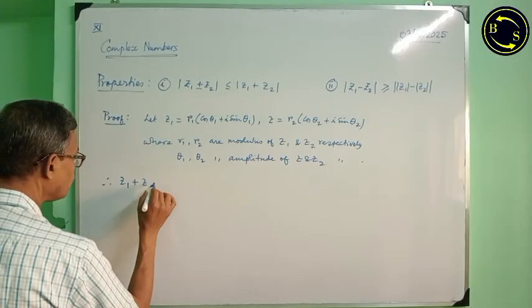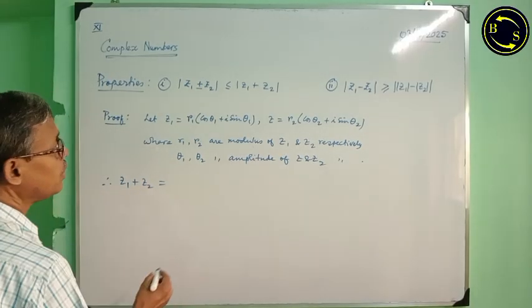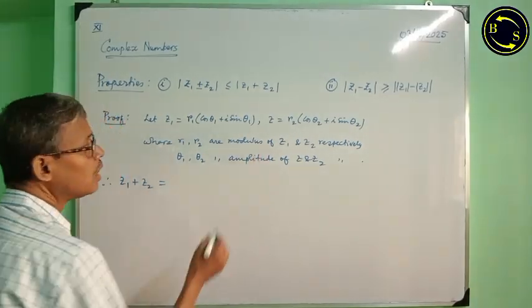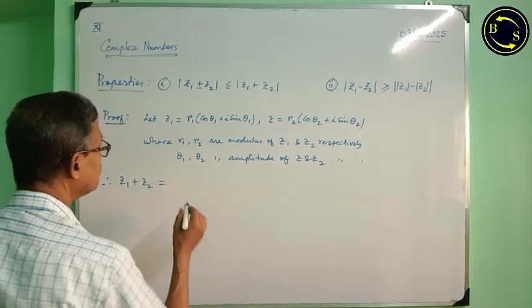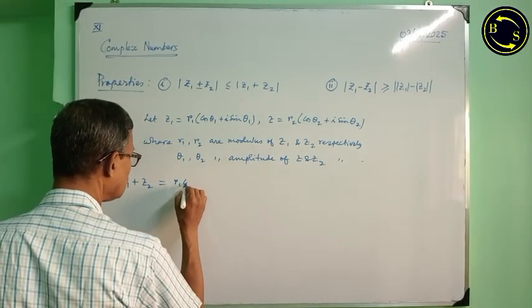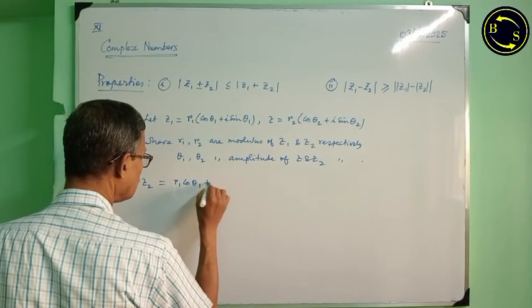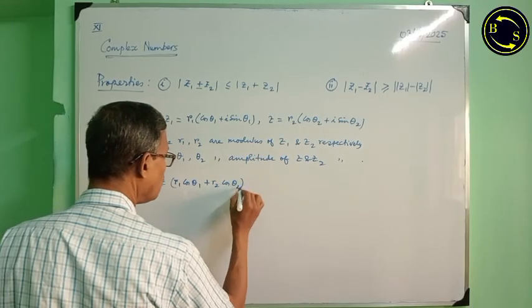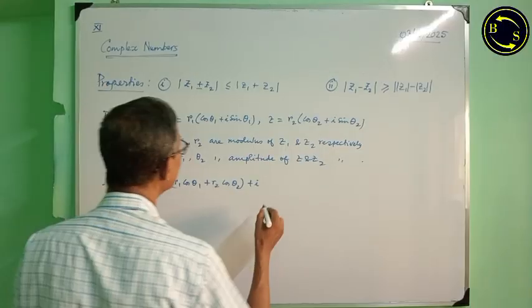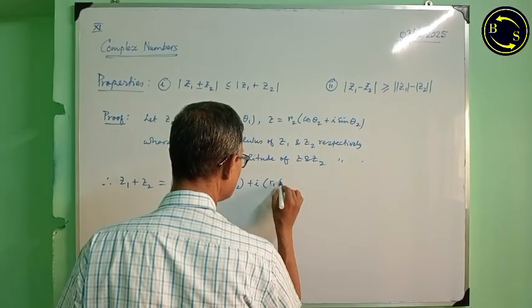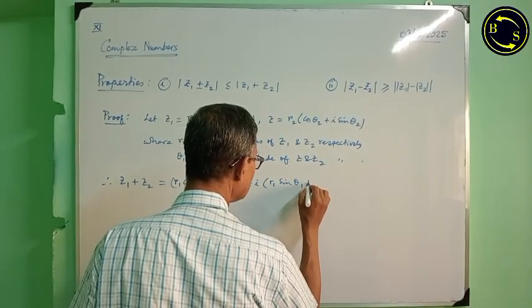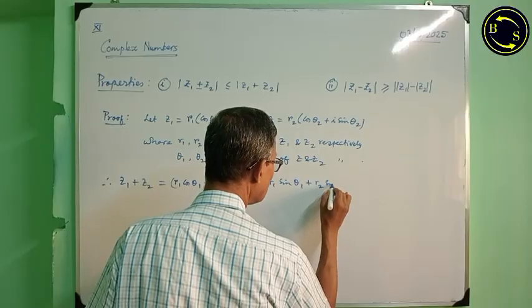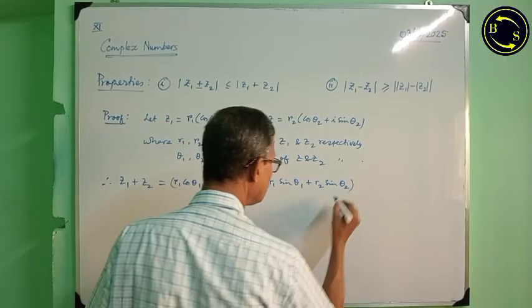Z1 plus Z2 will be equal to, first we take the real part, that means r1 cos theta 1 plus r2 cos theta 2, plus i (r1 sin theta 1 plus r2 sin theta 2).